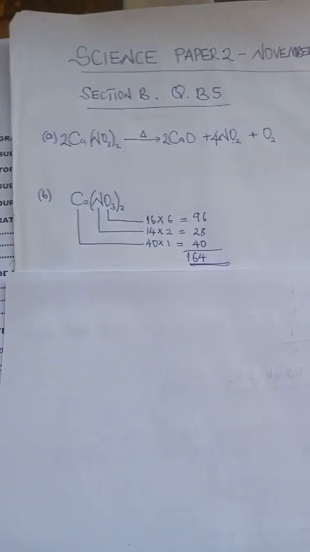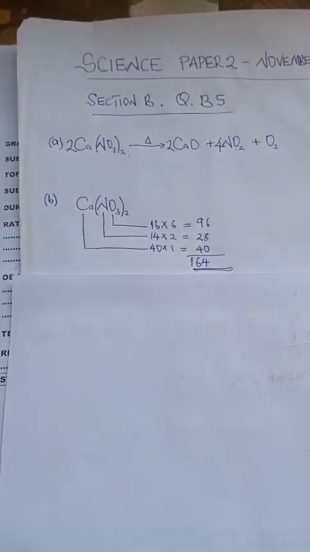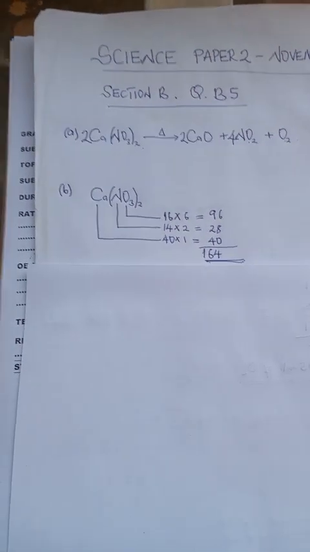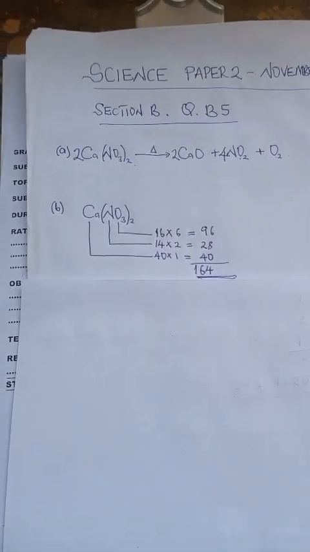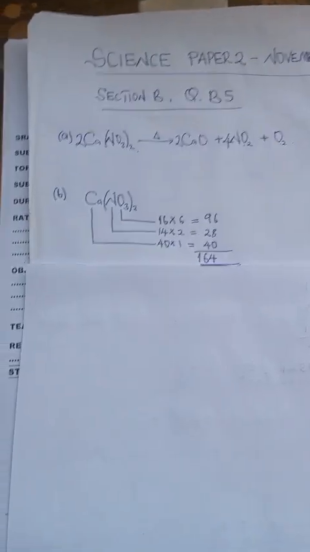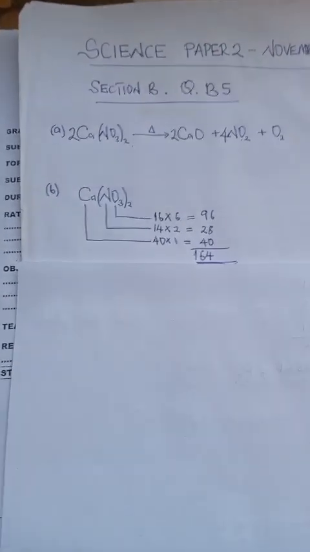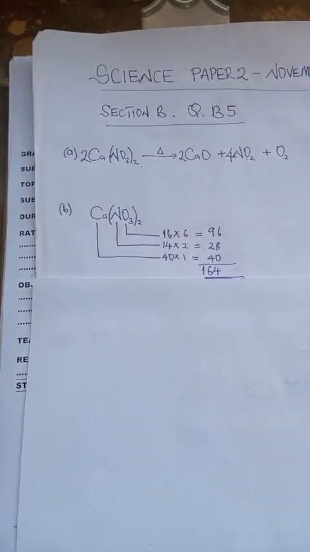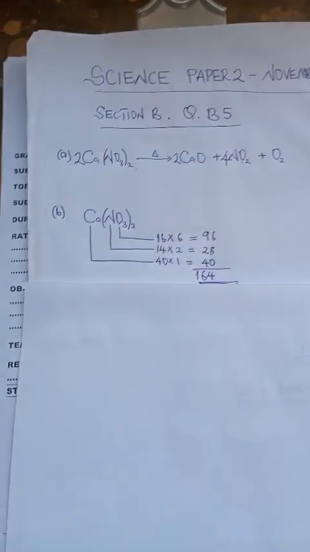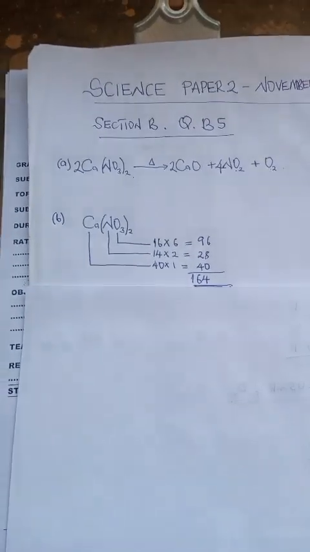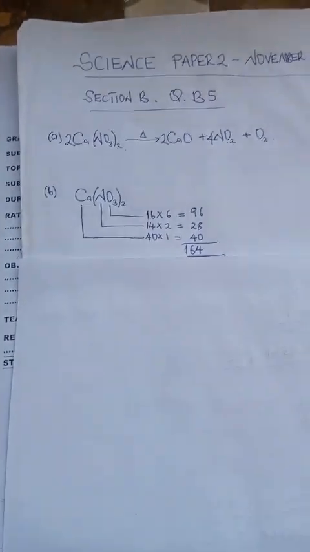The most important word is molecule, while the relative formula mass is the sum of the atomic masses of those atoms in that ionic compound. You get the difference there? So relative molecular mass is for molecules, while relative formula mass is for ionic compounds, giant molecules.